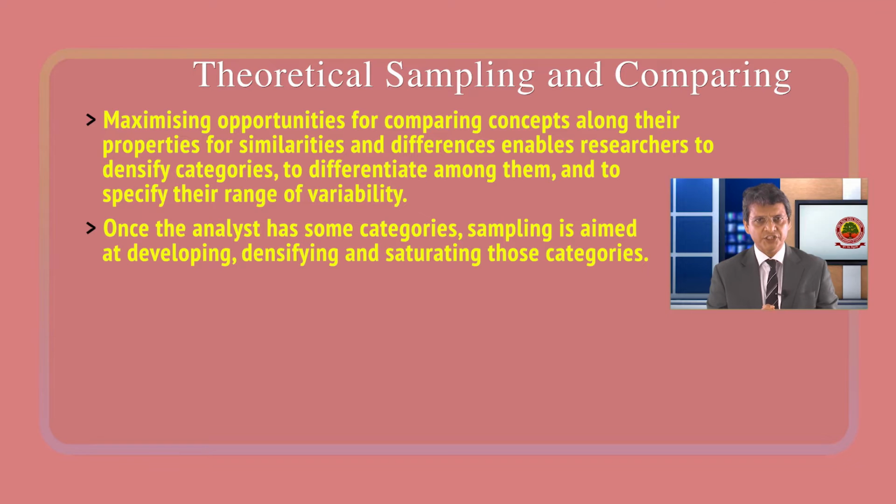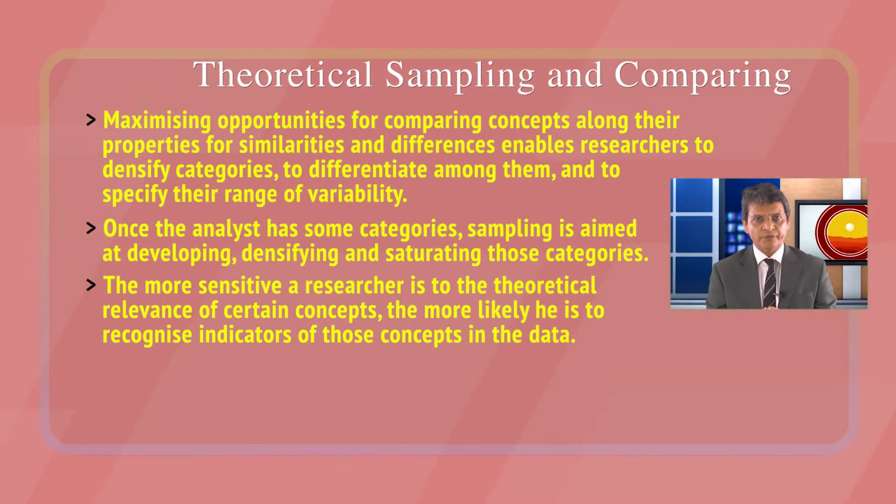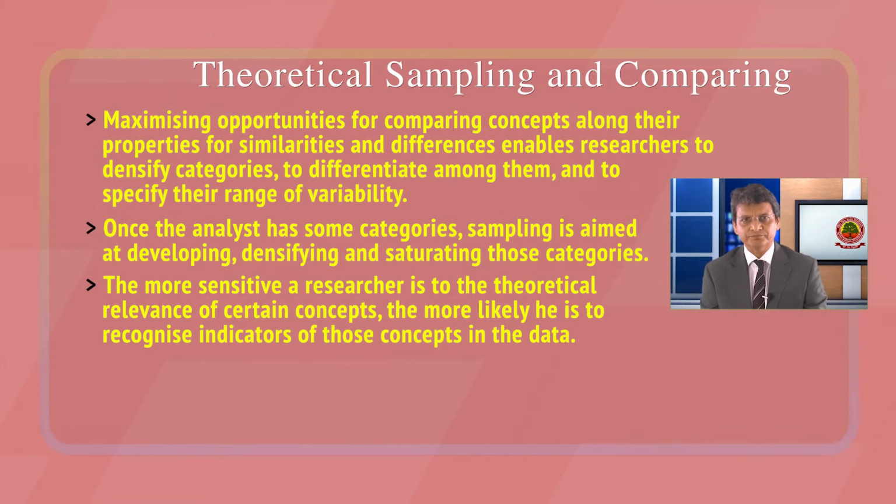It is also related to the sensitivity that a researcher has developed to the emerging concepts. The more sensitive a researcher is to the theoretical relevance of certain concepts, the more likely he or she is to recognize indicators of those concepts in the data. Sensitivity usually grows throughout the research project and enables the researcher to describe what concepts to look for and where he might find indicators of them.